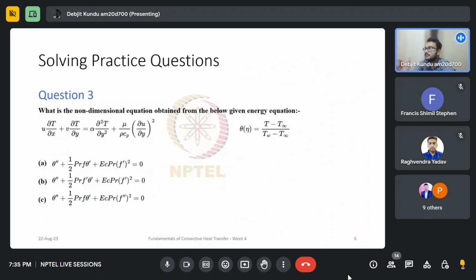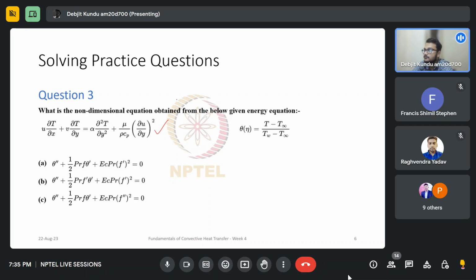We will move on to question number 3 of today's session. It is asking what is the non-dimensional equation obtained from the below given energy equation. So this is a form of the energy equation that is given. If I non-dimensionalize this, what form will I get? There are three options given below. These are the non-dimensional forms of this energy equation.